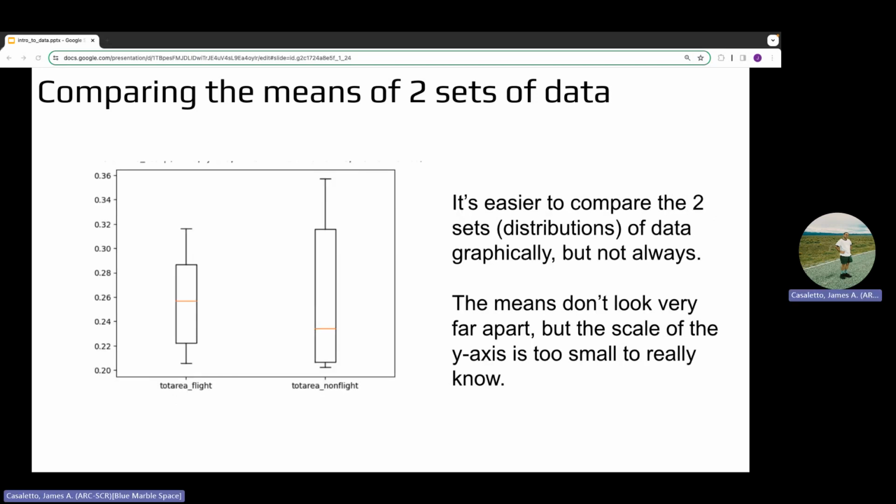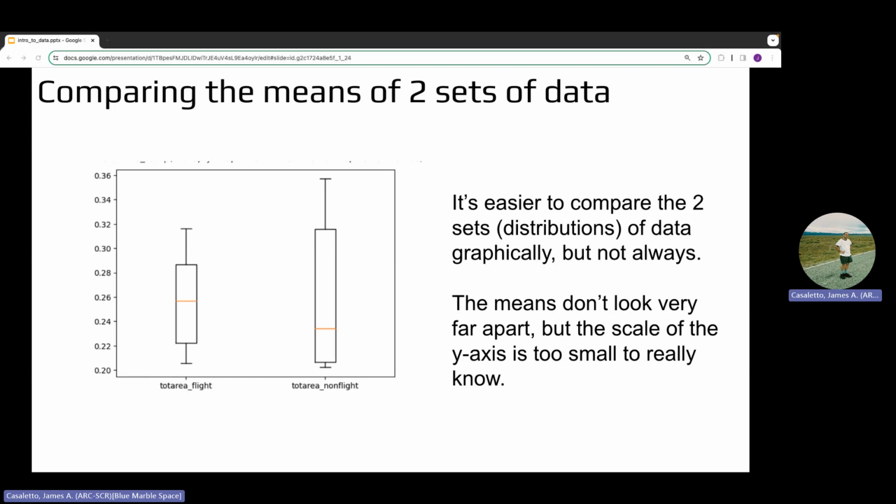It's easier to compare the distributions of the data graphically, but not always. Box plots are simple ways to graphically show a distribution of the data. The orange line inside the box represents the arithmetic mean. The top of the box is the 75th percentile, and the bottom of the box is the 25th percentile.